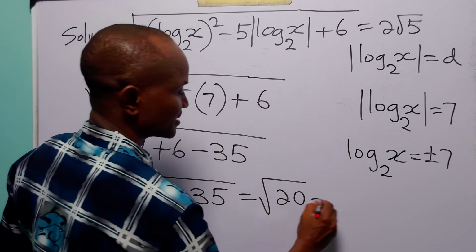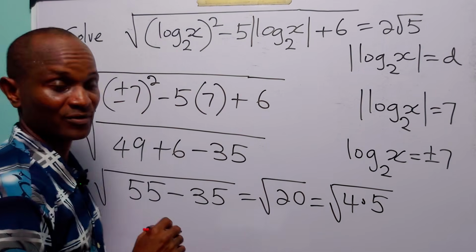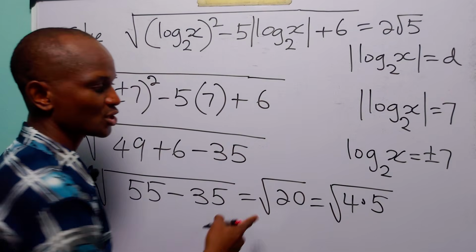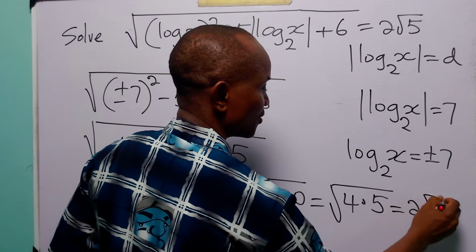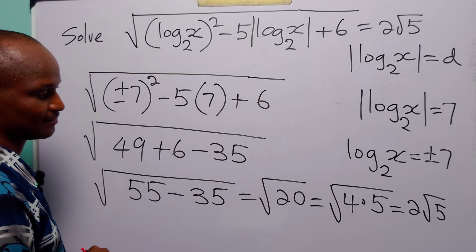And of course, you know that this is the same as the square root of 4 times 5. The square root of 4 is 2. So this is equal to 2 root 5, which is exactly what we have on the right-hand side.